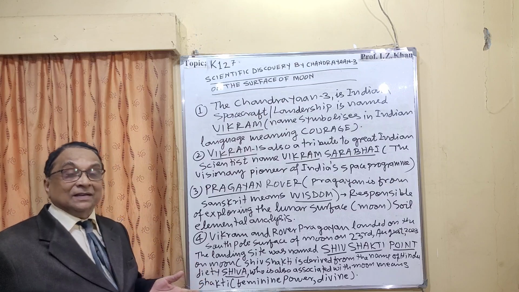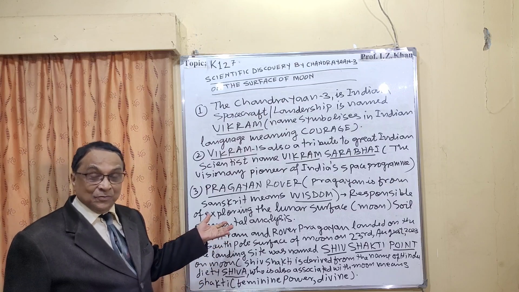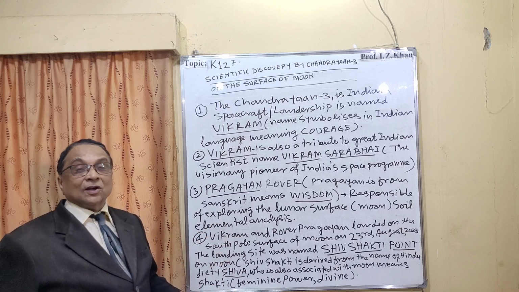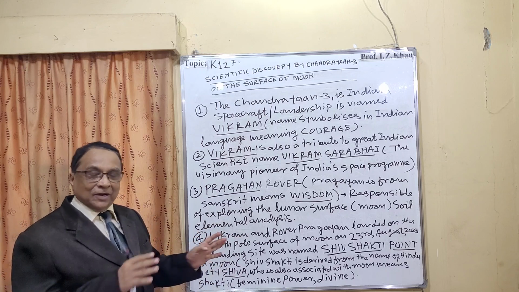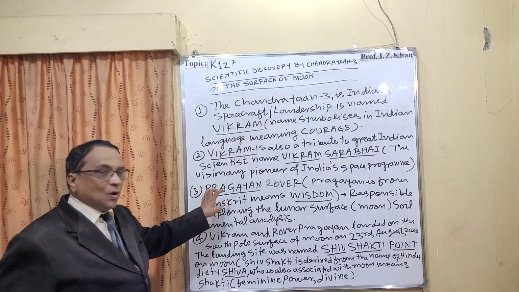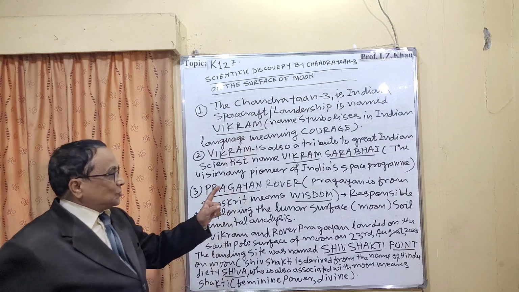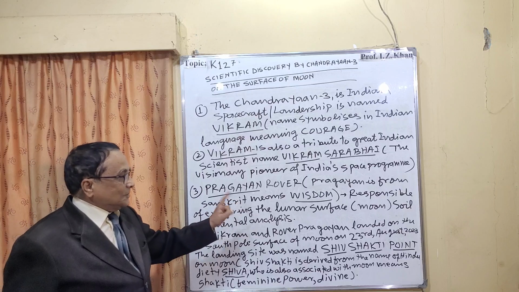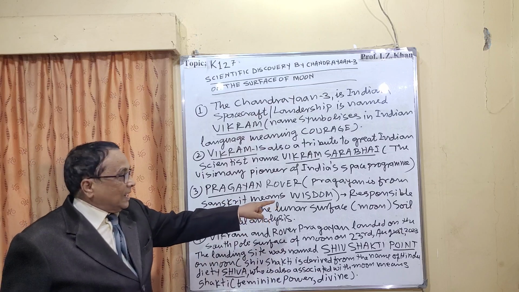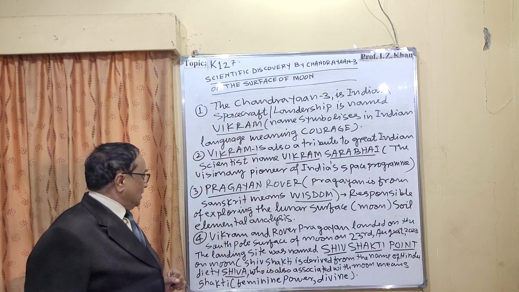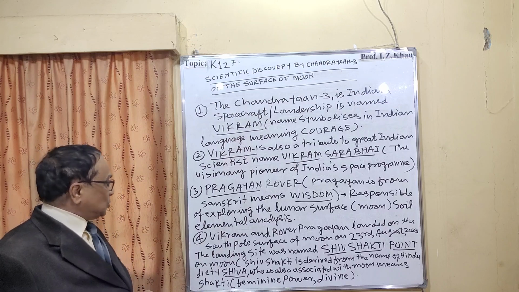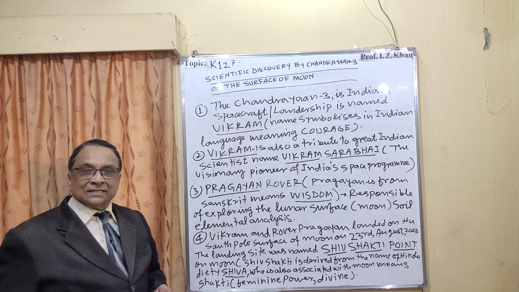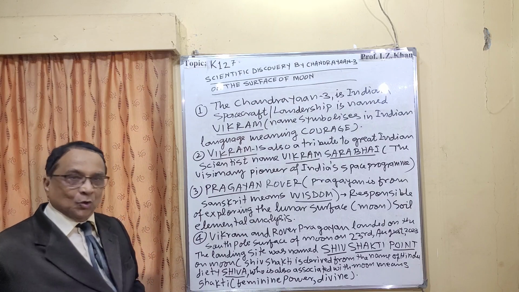Many even among Hindus don't understand if anybody starts talking in Sanskrit, because Indian street language, Hindi, is different from Sanskrit. Sanskrit is more complex and complicated. So Pragyan is from Sanskrit, means wisdom, and is responsible for exploring the lunar surface, that is moon soil elemental analysis, with the help of spectroscopy.